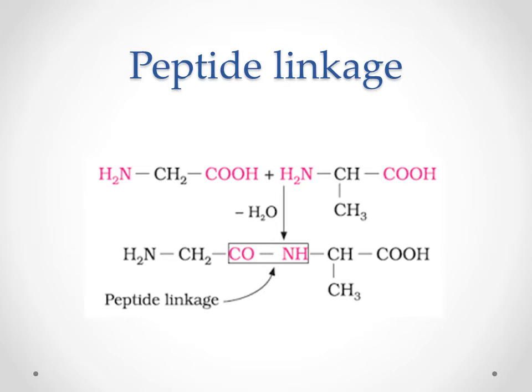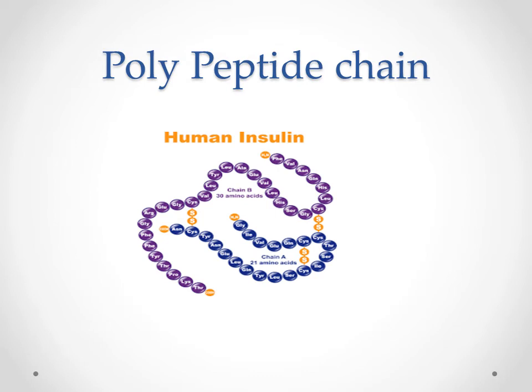When only two amino acids join, the compound is called a dipeptide. When one more amino acid is linked, it forms a tripeptide. And when a long chain of amino acids is linked in this manner, it is called a polypeptide. These polypeptide chains vary in size.